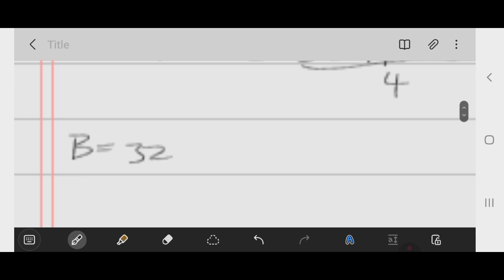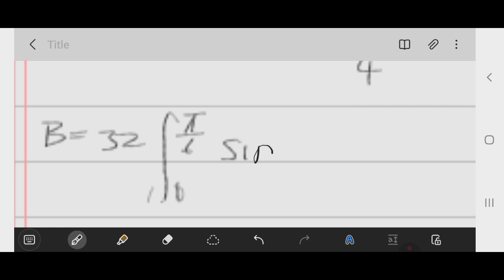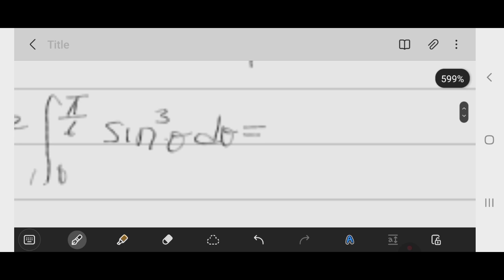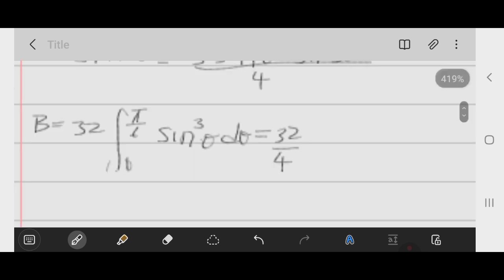So we have that this integral right now, we'll then take a new look.